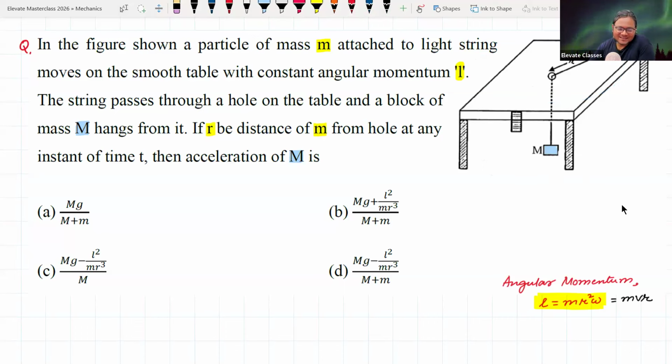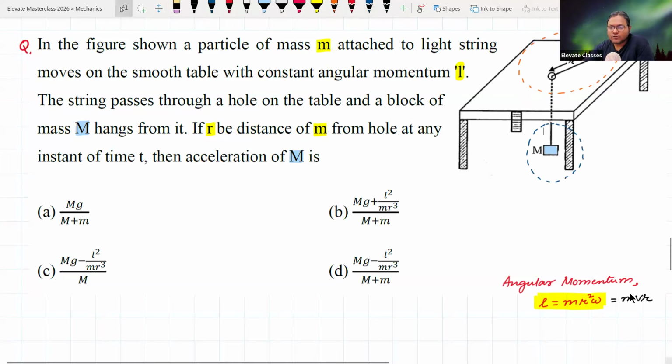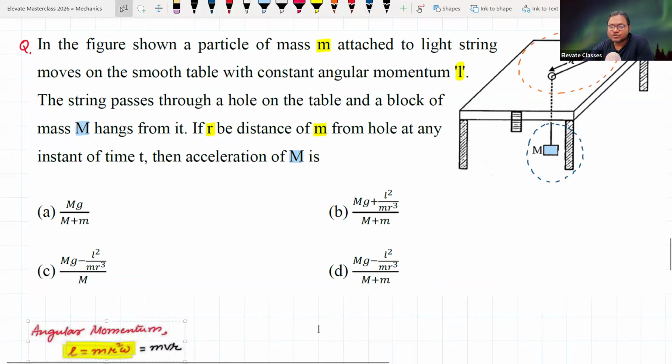Are you understanding? So on one hand, we have this kind of circular motion happening. On the other hand, we have this kind of vertical motion happening. And we can look at both the circular as well as the vertical motion.